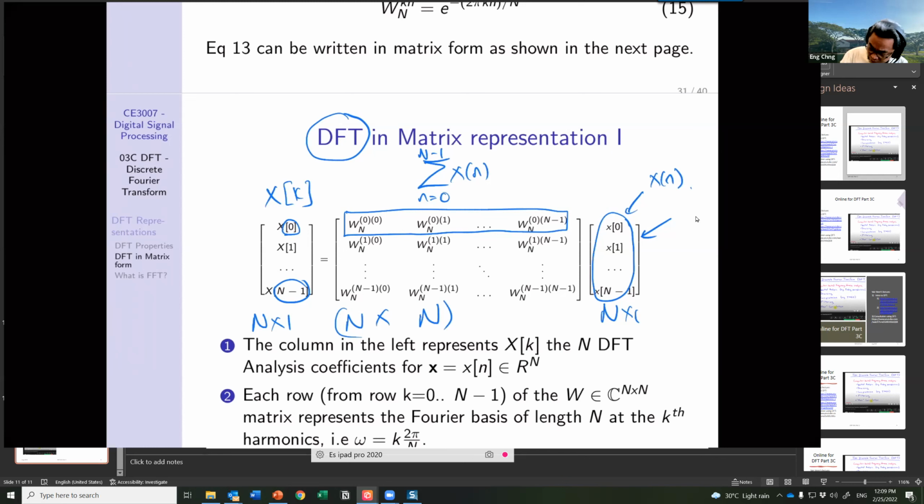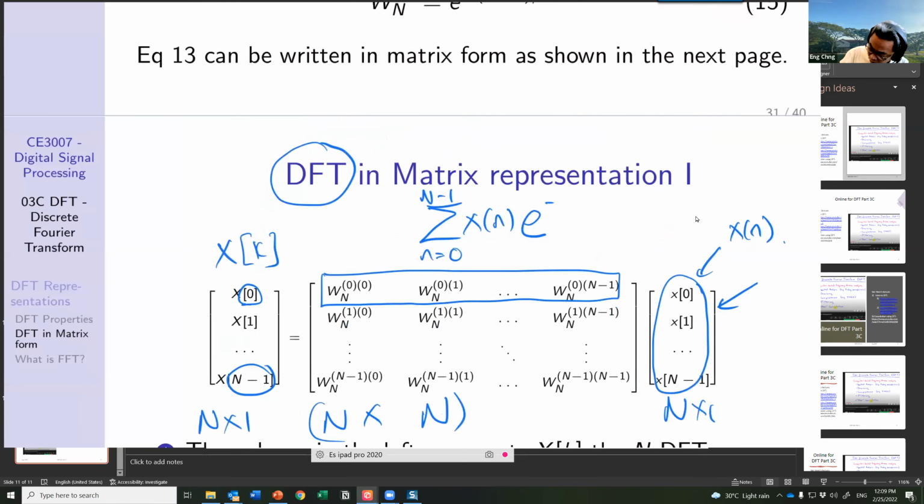What is W_N? Well, isn't this e^(-j2π/N · kn)? So n goes from 0, n equals 0, n equals 1, up to n minus 1. This is k.